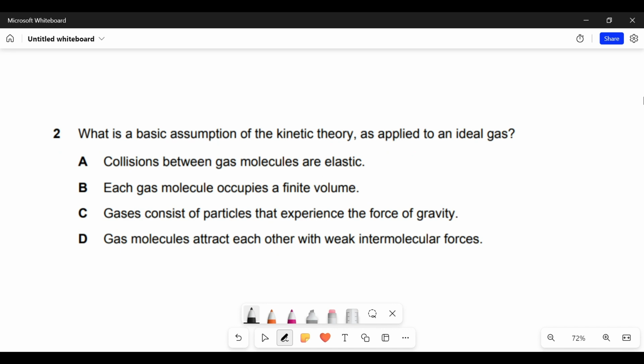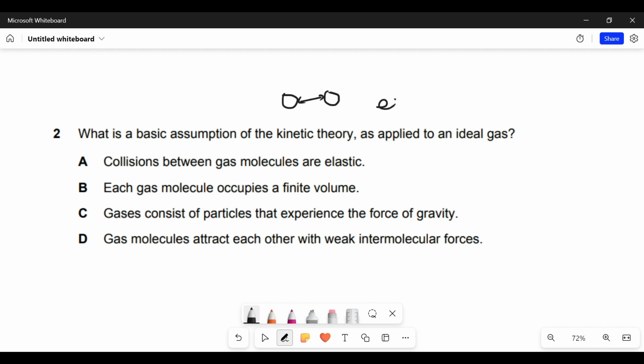Now let's look at question number 2, which says what is the basic assumption of kinetic theory of gases for an ideal gas? For an ideal gas, the basic assumption is the particles of gases collide in such a way that the energy before collision remains equal to the energy after collision.